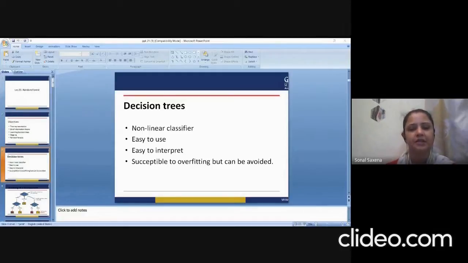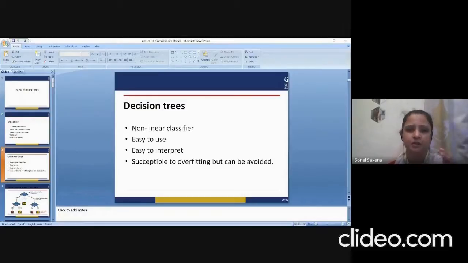So let us see how random forest works. As I've told you, random forest is a supervised learning algorithm. The forest it builds is an ensemble of decision trees, usually trained with the bagging method. The general idea of the bagging method is that a combination of learning models increases the overall result.